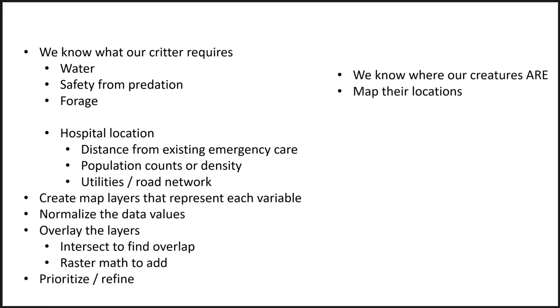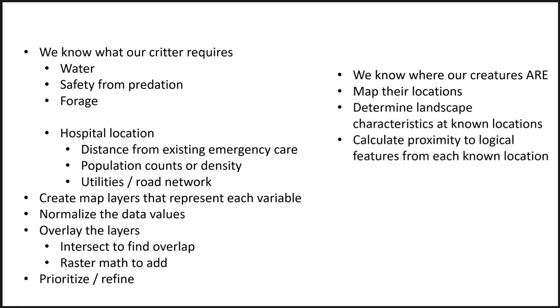Inductive models are built using known locations. Locations can come from radio collar data, geotagged photos, or GPS or cell phone data. We can use the known locations to create a density surface and extract the landscape characteristics within the highest density areas. So deductive models are based on known landscape characteristics.